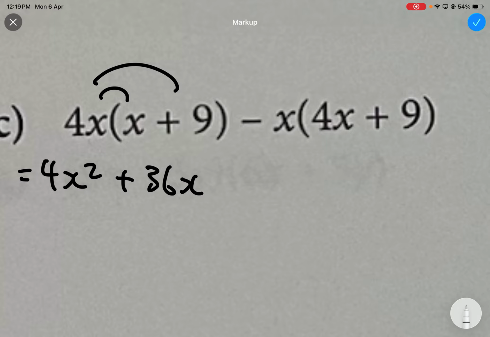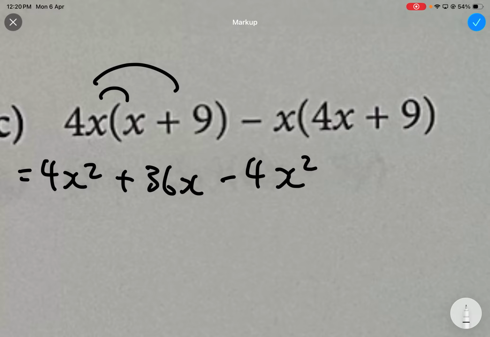When this subtraction comes in, I have to multiply x with 4x, then I subtract them. So x times 4x is 4x squared. So I have to subtract a 4x squared. I also have to subtract x multiplied by 9. So x times 9 is 9x.